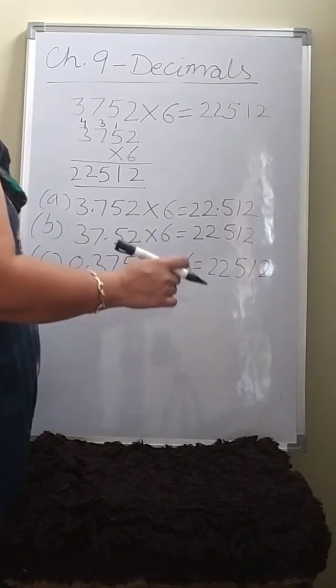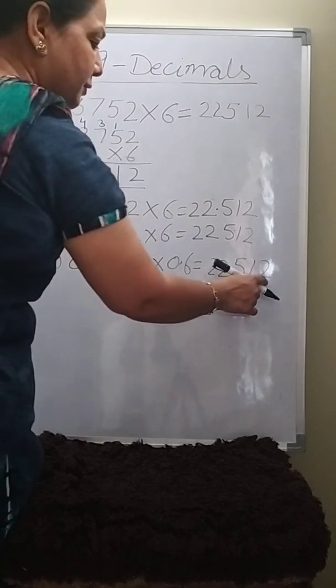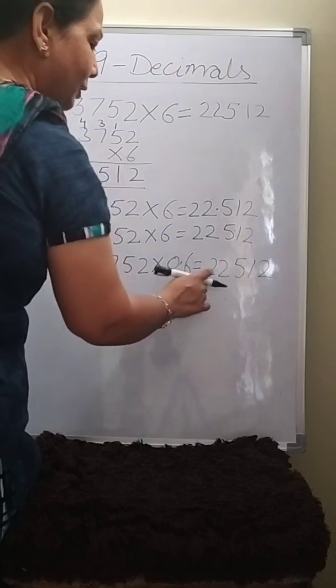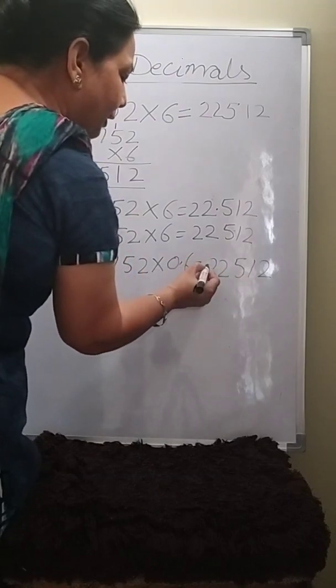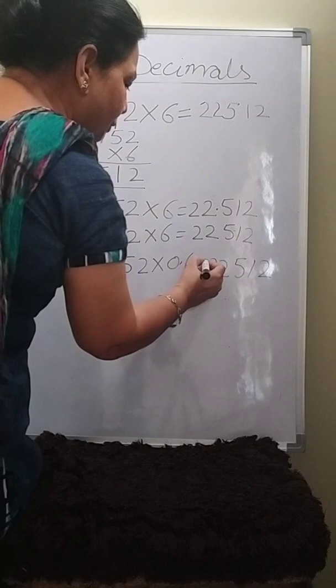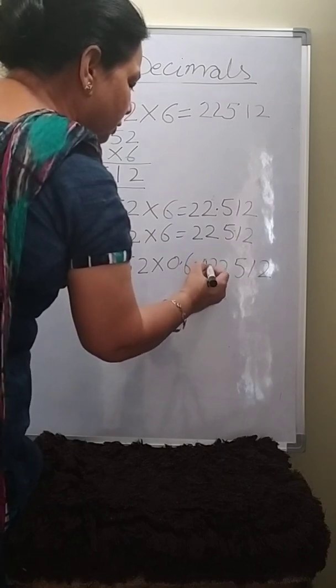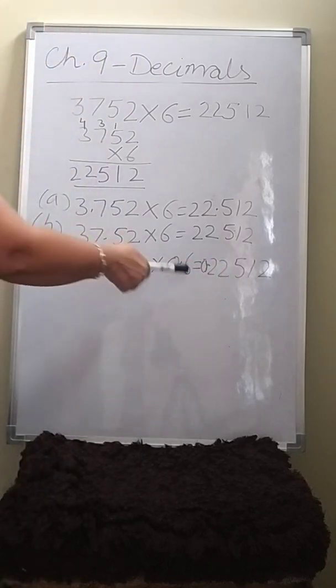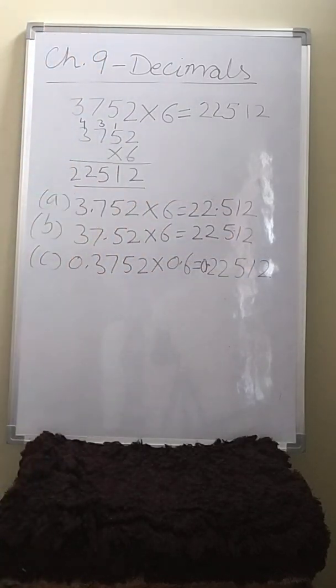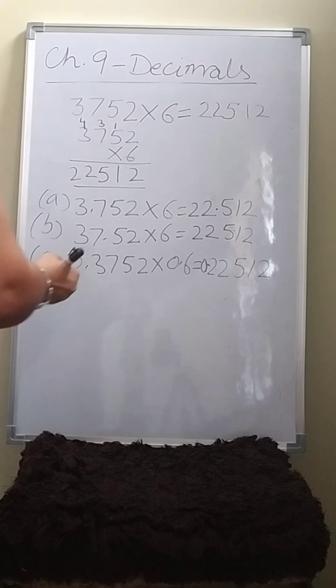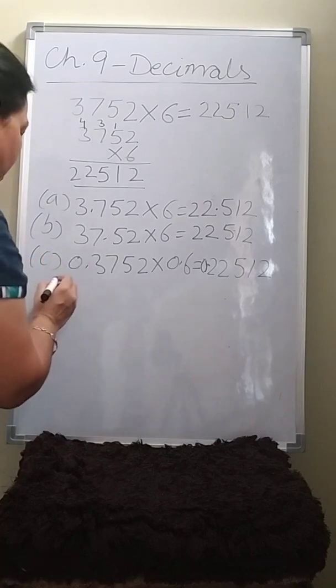In the answer, the decimal will be before 5 digits. 1, 2, 3, 4 and 1, 5. The decimal will be here at the start. You can put 0 in front of that as a whole number. So this answer is 0.22512.